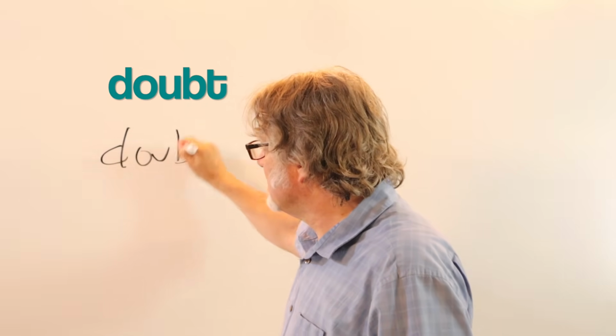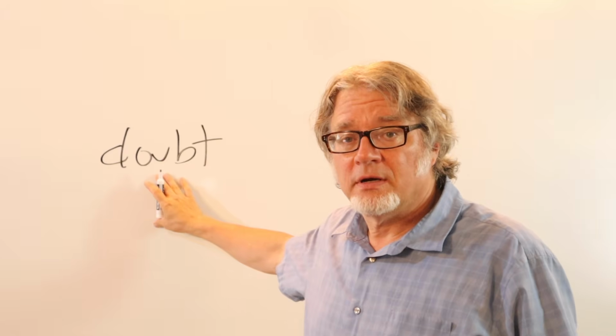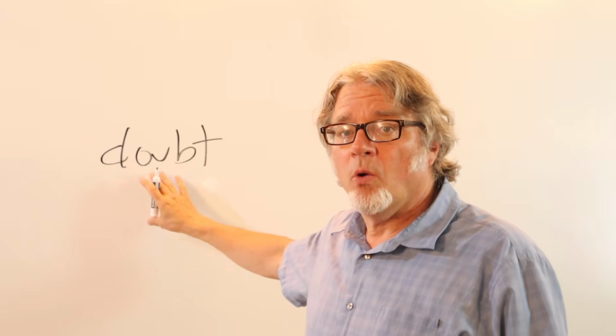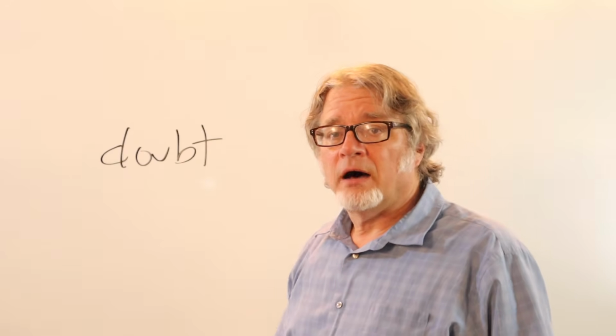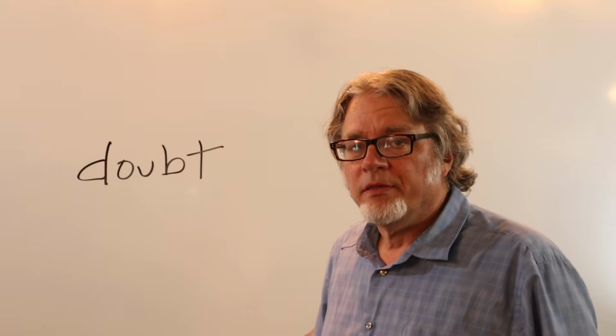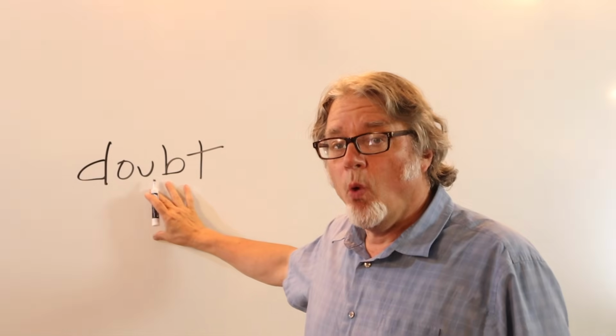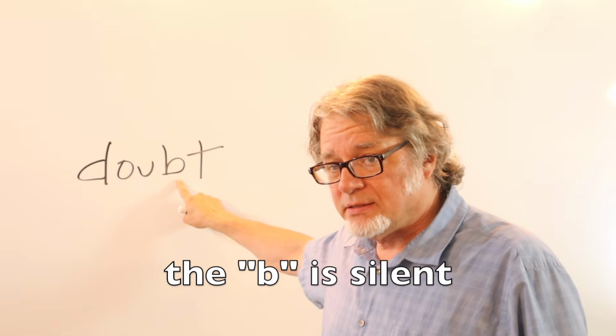Doubt. Doubt is a word we use for expressing confidence or no confidence. In this video, I'll explain how to use the word doubt. The word doubt is one syllable. The B is silent.